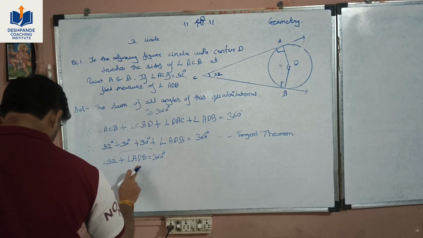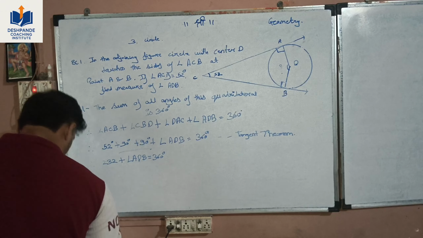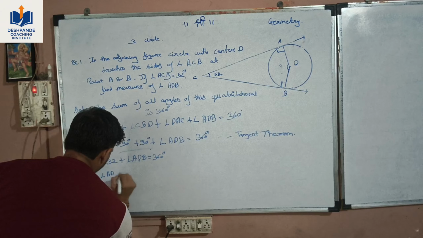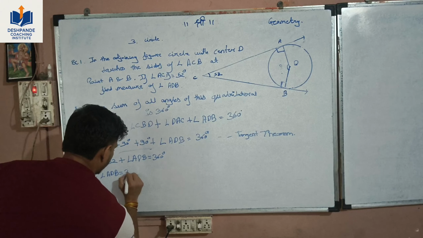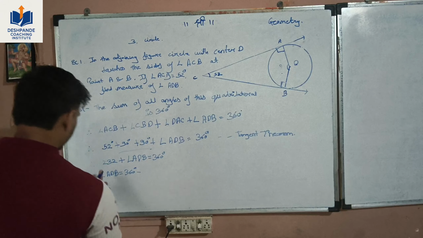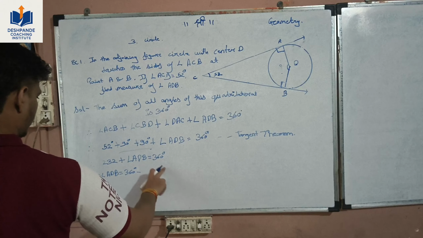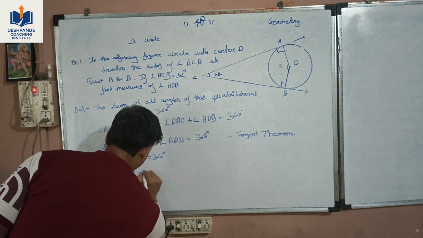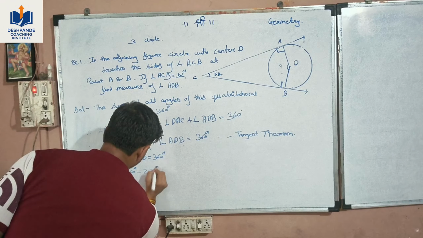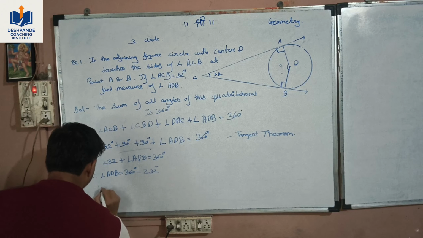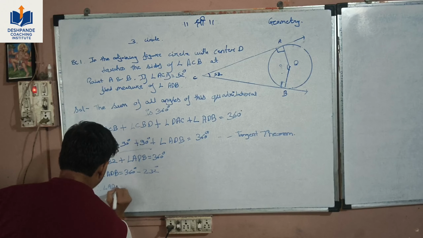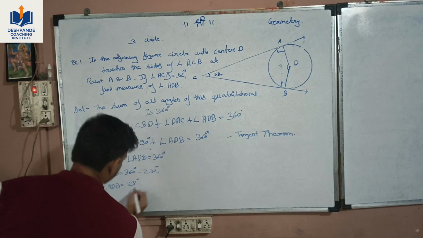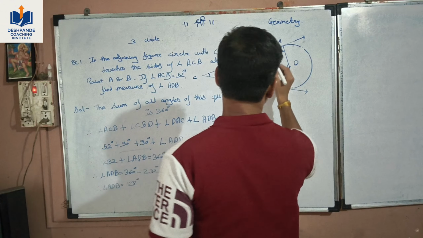What I will do to find angle ADB: angle ADB is equal to 360 minus 232, because when 232 crosses the equal sign it becomes negative. So the answer is angle ADB is equal to 128 degrees.